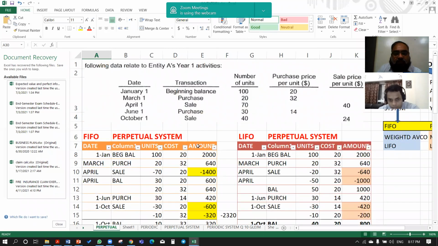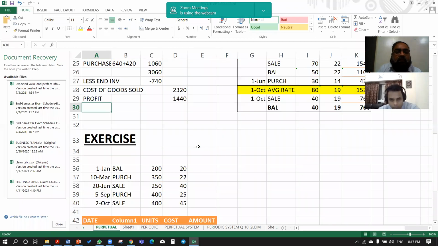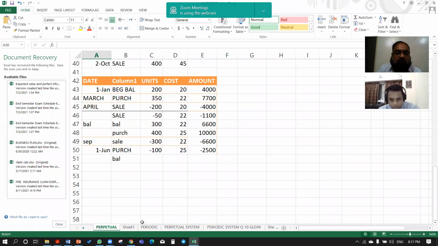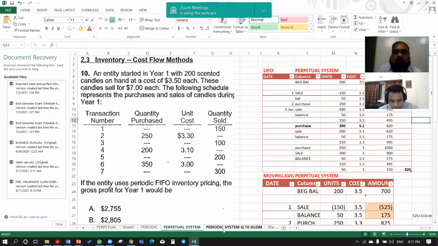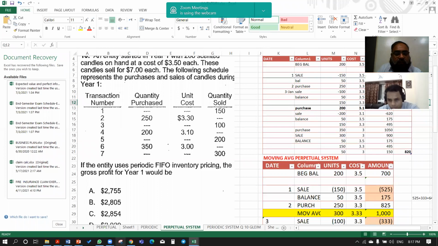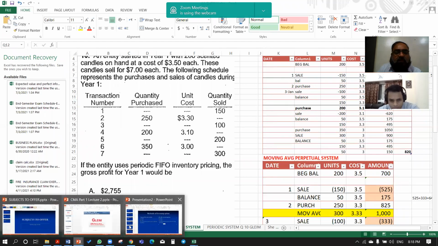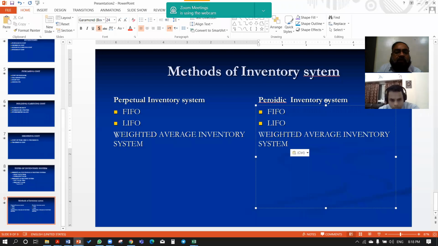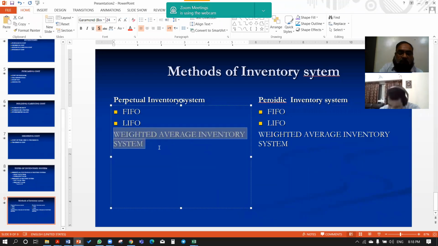So we have the perpetual inventory system and the periodic inventory system, right? Under the perpetual system, we have moving average. We basically call it the weighted average method, but here we call it moving average.